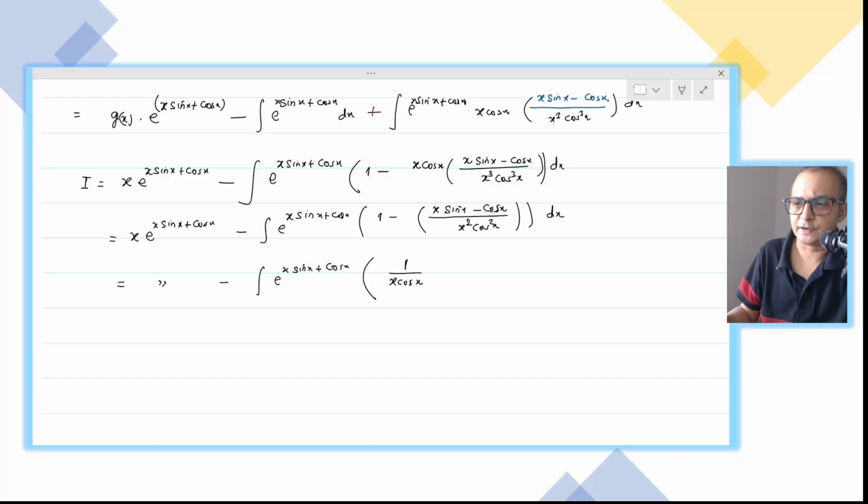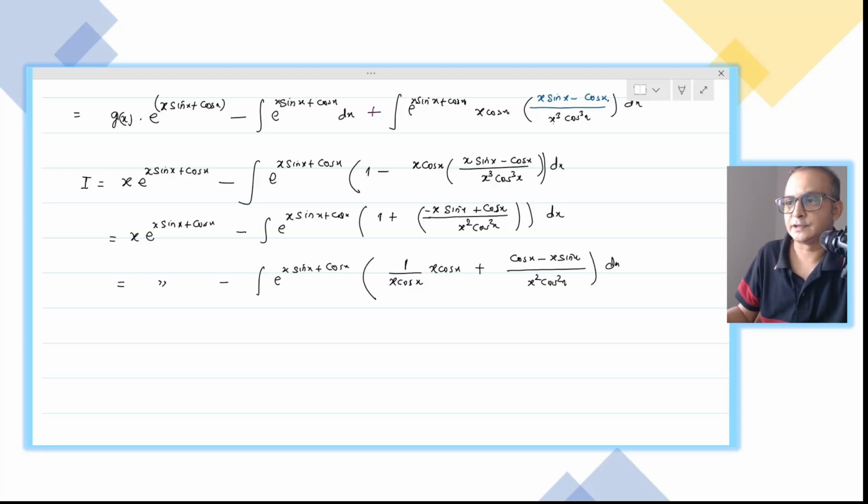It is not an exact derivative, but what will come? x into minus sin x and plus cos x. So I can take this plus and I can take this minus, and this will become plus. So now it is cool. And to compensate it, I will multiply with x cos x. So x cos x, I am multiplying it, and now I have here (cos x minus x sin x) divided by x square cos square x.